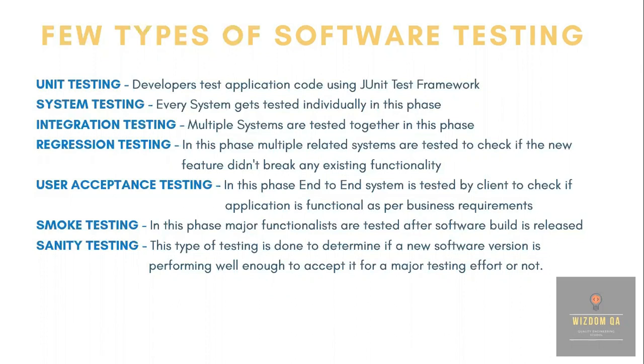So unit testing: developers test application code using the JUnit test framework. So what happens here is that the application code itself needs to get tested from the developer's perspective.